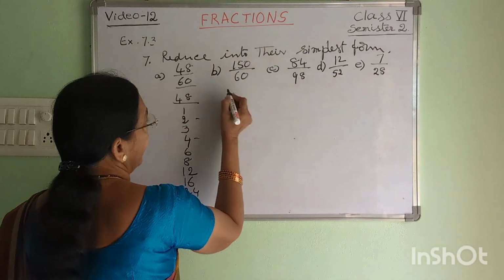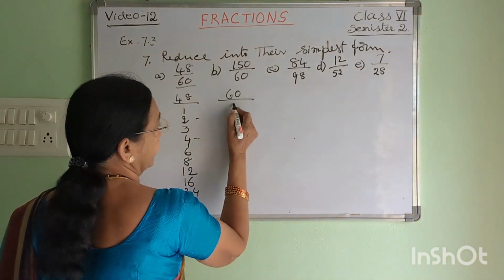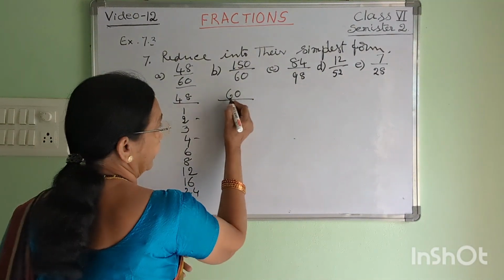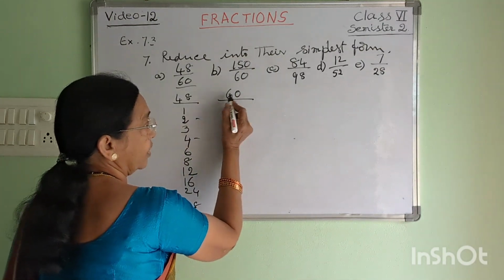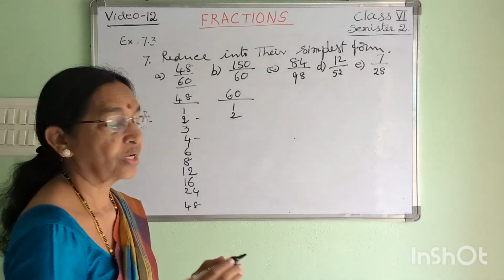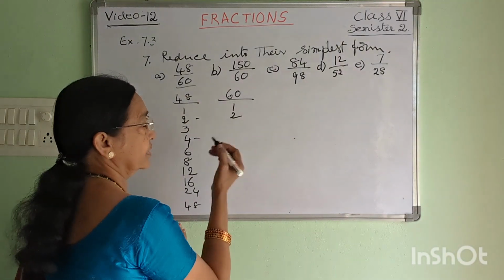Now we will write the factors of 60. 1 is a factor of all, and it is an even number. 2 is a factor, and 3 is a factor because the sum of 6 and 0 is 6, which is divisible by 3.